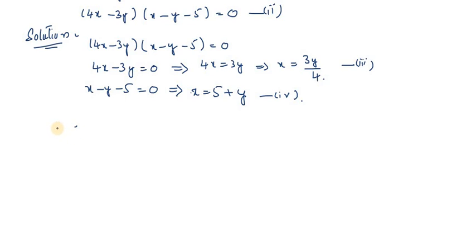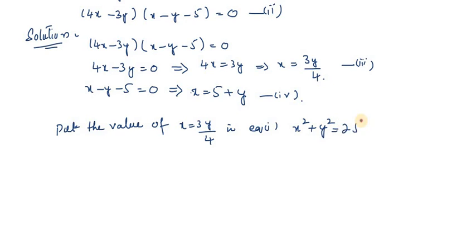Simply put the value of x, we are taking expression 3, x is equal to 3y upon 4, in equation number 1, x square plus y square is equal to 25.